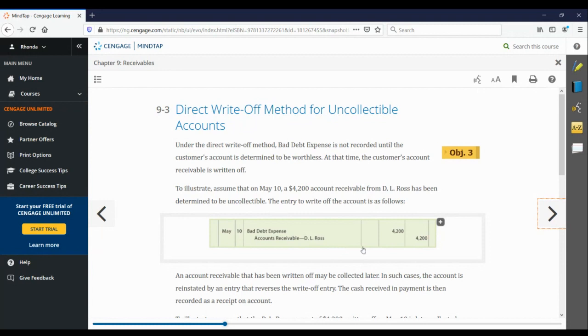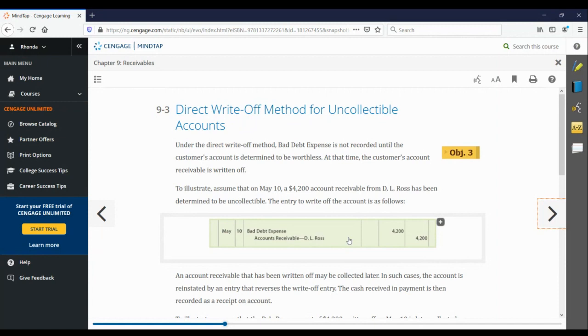So once we've written off the account, it is deemed to be uncollectible. Our accounts receivable will be credited for the amount that we believe our company will not be able to collect. And so we write off an account through a write-off entry. Now, this write-off entry can occur at any time that we deem it necessary to write off a customer's account.